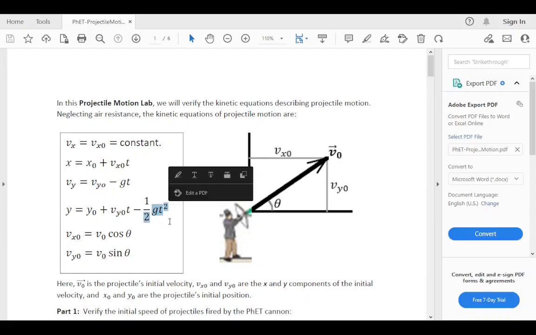So this minus 1/2 gt squared is the action of gravity bringing it down. Here g is the acceleration due to gravity, and this makes its position go downward in the negative direction. So we derived that. If you want to see the derivation, you could check the textbook or go back and look at the video where we derived it.